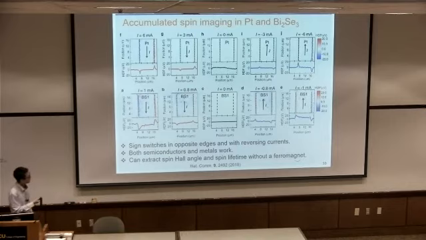And this technique is applicable in both semiconductor and metal. Especially in metal, it's not very easy to get those images, but this technique seems to be more sensitive compared to the conventional magneto-optical Kerr effect imaging technique. And this is also an intrinsic measurement with only a single material. You don't have to have a ferromagnet.